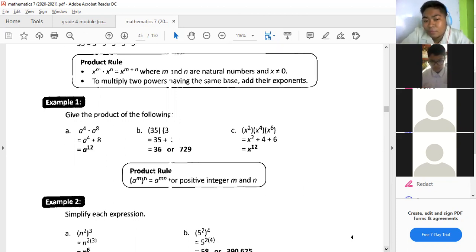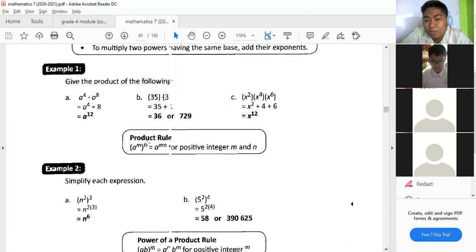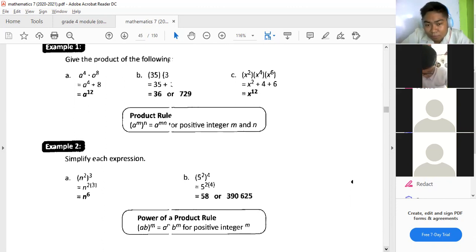Sure yan ha? We also have the product rule na pangalawa. Ito naman, power of a product rule. Ang gagawin naman dito kapag ganito is to multiply.